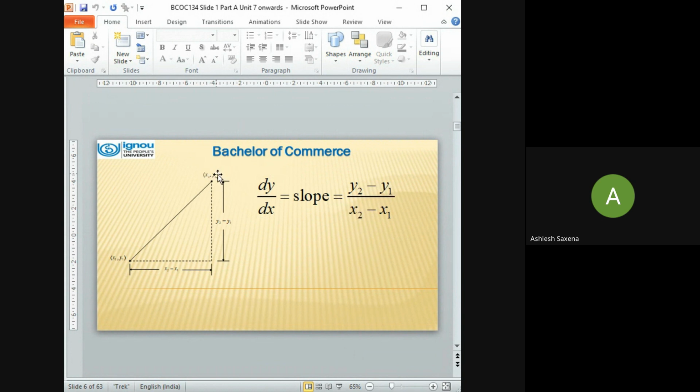These points will be numerical numbers. So we will simply subtract the y coordinates, then subtract the x coordinates, and divide. Y coordinates will be in the numerator and x coordinates will be in the denominator.